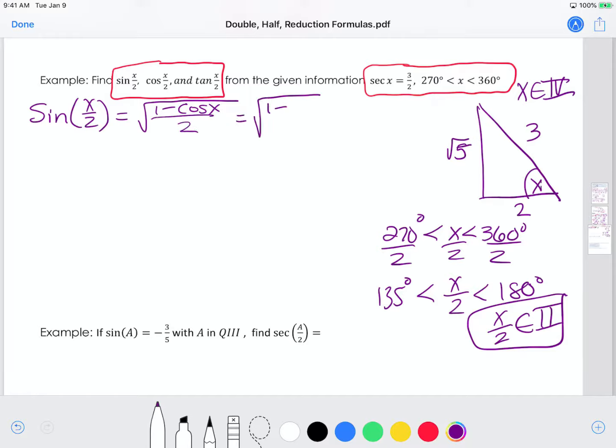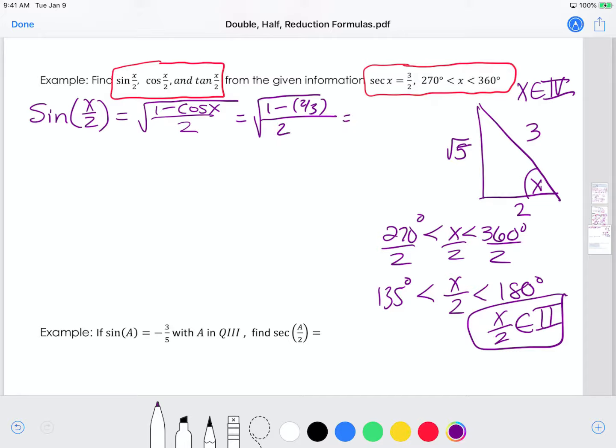So we have the square root of 1 minus, and we've got to find cosine x to plug it into the formula. Cosine x, if we look at the triangle, is adjacent over hypotenuse, and angle x is in the fourth quadrant, so cosine is going to be positive. So I'm going to get just 2/3 in here for cosine x, and that's going to be all over 2.